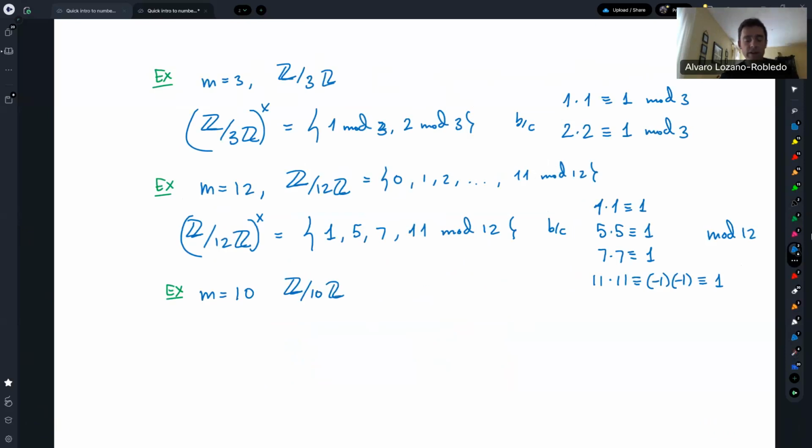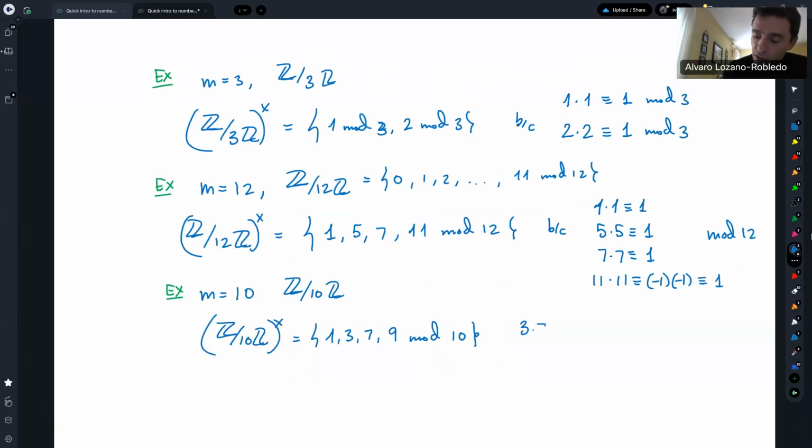If we look at Z mod 10Z, the units are 1, 3, 7, and 9 modulo 10. You can check that 3 times 7 is 21, which is 1. So 7 is the multiplicative inverse of 3, and 3 is the multiplicative inverse of 7. And 9 times 9 is 81, so that is 1.